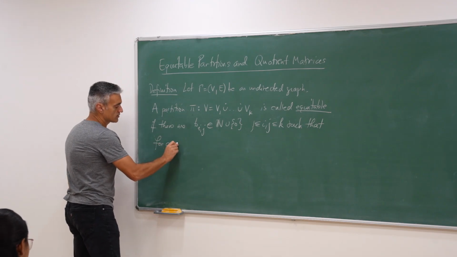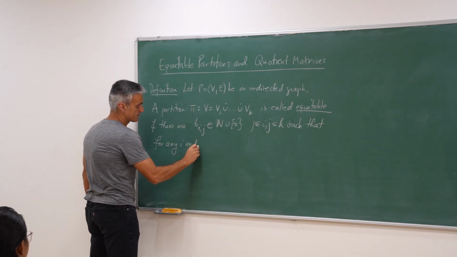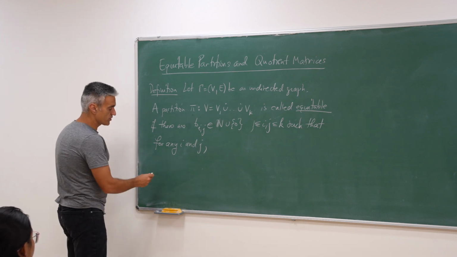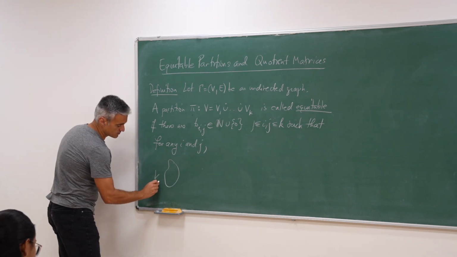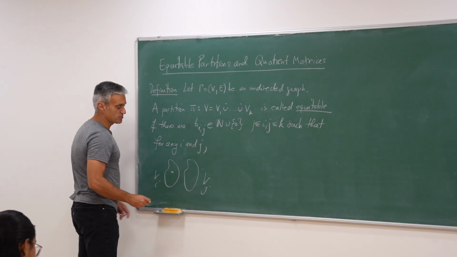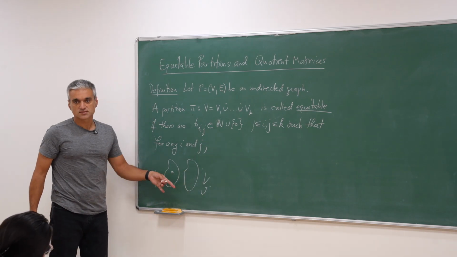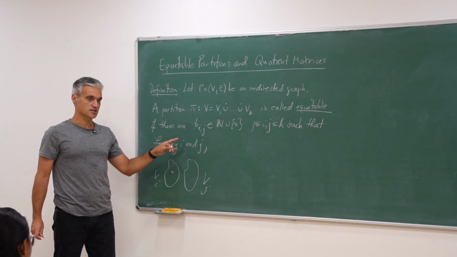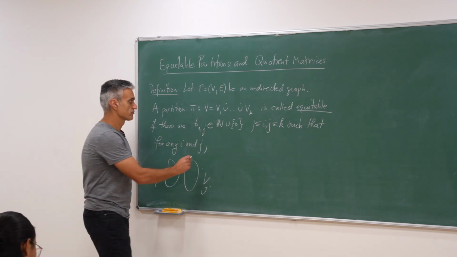For any i and j, we're going to think about any Vi and any Vj. In my picture they look different, but they could be equal. I'll deal with that in a second. So i and j don't have to be distinct.